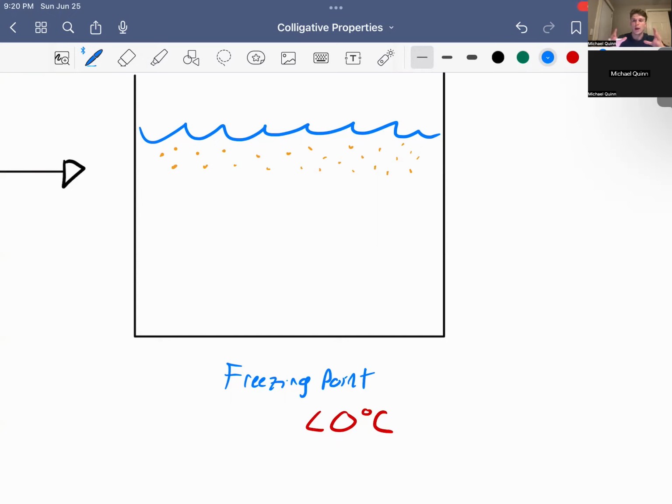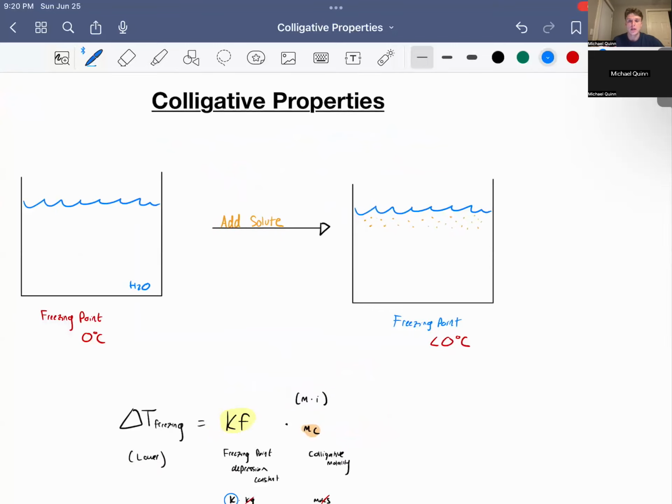The solute will get in the way and the water will have to overcome that and freeze at even lower of a temperature. So we will have to lower the temperature even further for those water molecules to really freeze and make those solid blocks of ice. So that is the explanation.